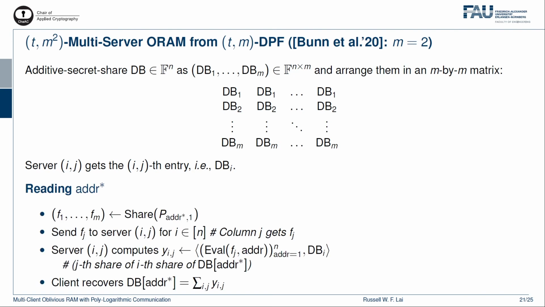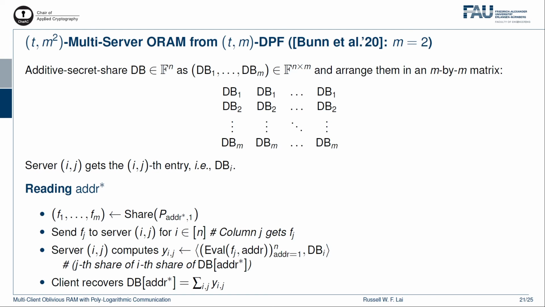With this setup, let's see how the client can read the target address star. First, the client secret shares the point function, which has value 1 at the target address, and distributes the shares column-wise. That is, the jth column of servers would get the jth share, fj.